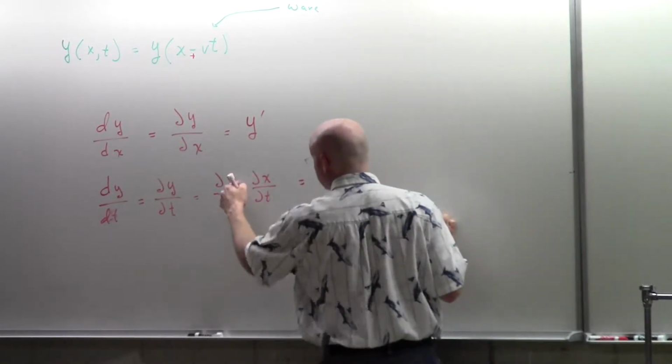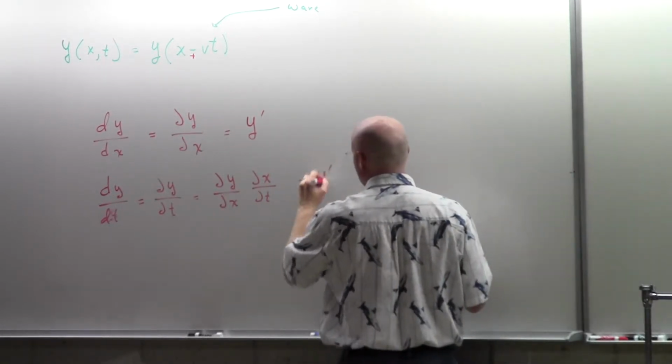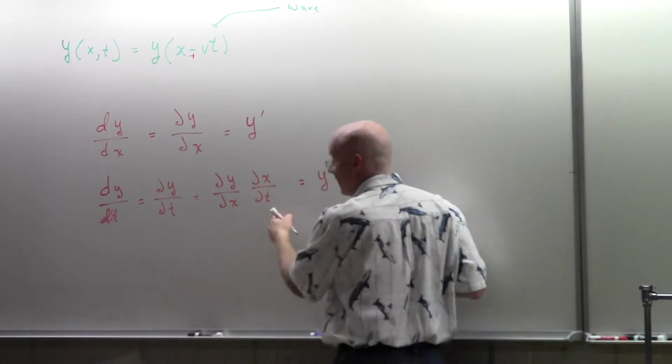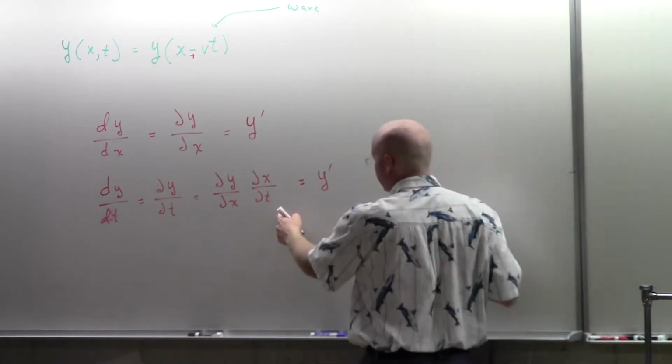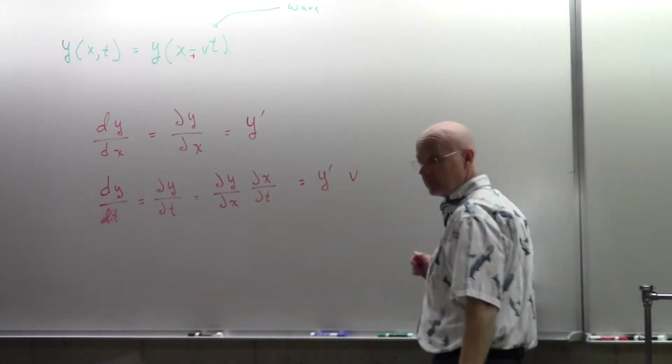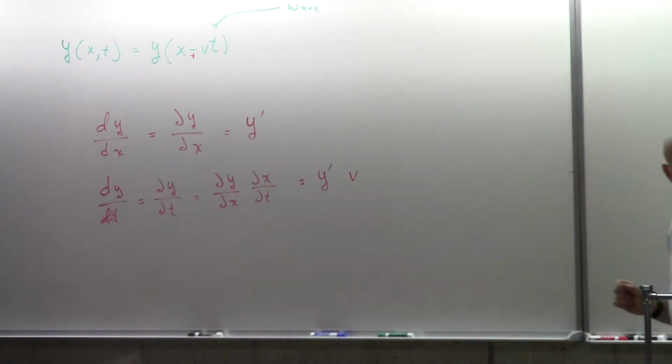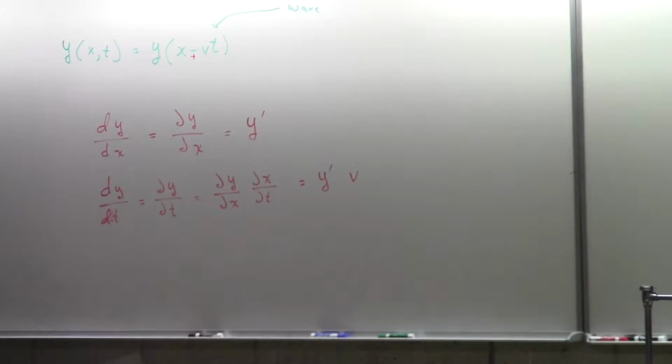Because this is what we just called y prime. What's this? That's velocity, right? Now, like I said, you've probably seen this. Let me go one more step.